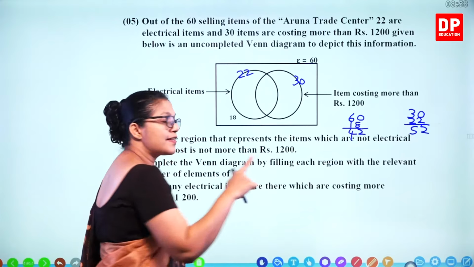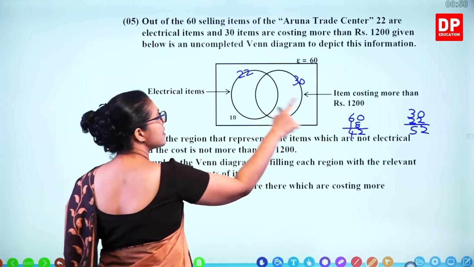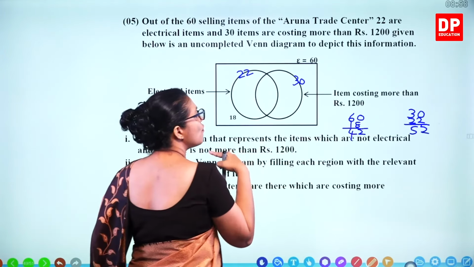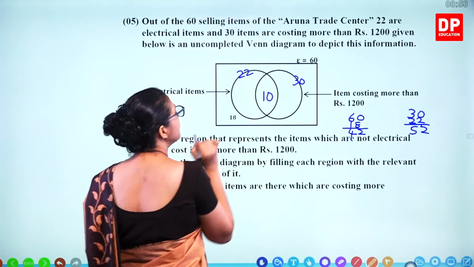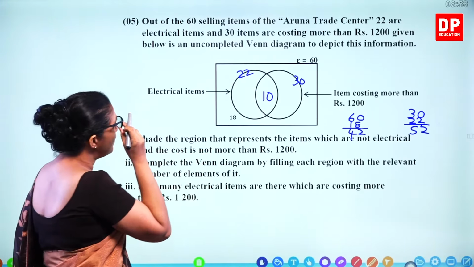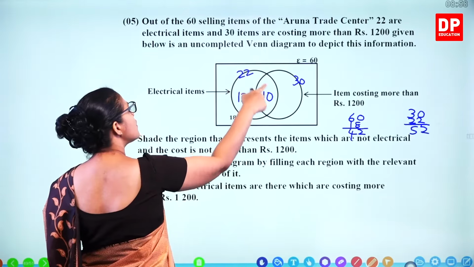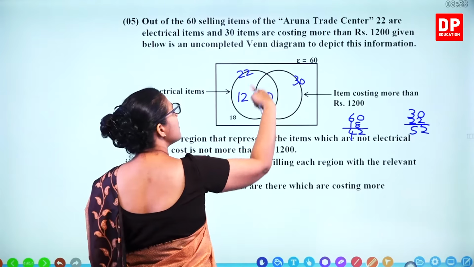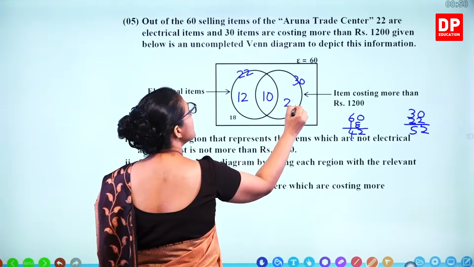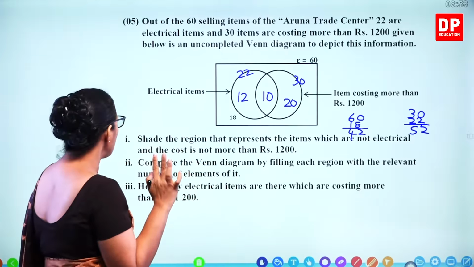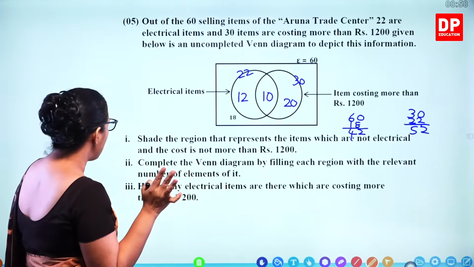So the difference is the common part. 52 minus 42, that's 10 here. And if this is 10, what is this value? This is 12 because this circle is 22. This is 30, full circle. So this becomes 20. So that's the Venn diagram.